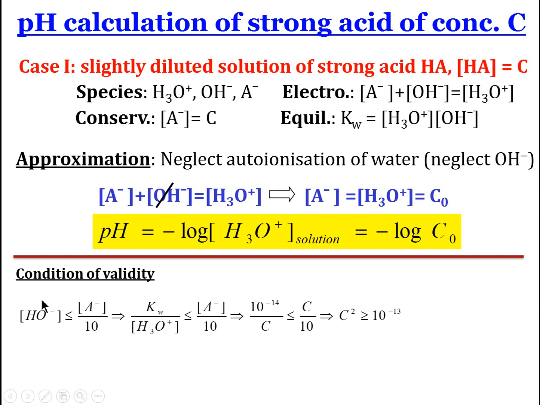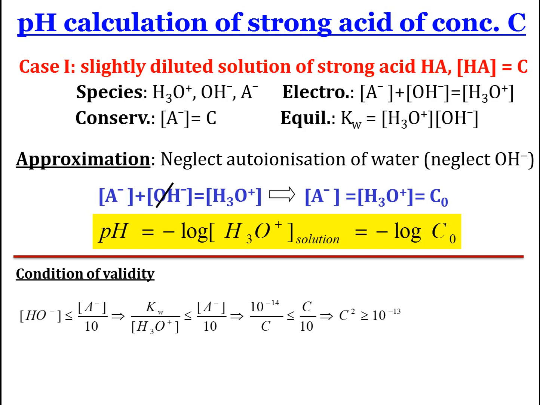This implies that [OH-], according to the equilibrium constant, is equal to Kw divided by [H3O+]. So Kw divided by [H3O+] is less than or equal to [A-] divided by 10, which implies 10 minus 14 divided by the concentration of H3O+ in the solution.